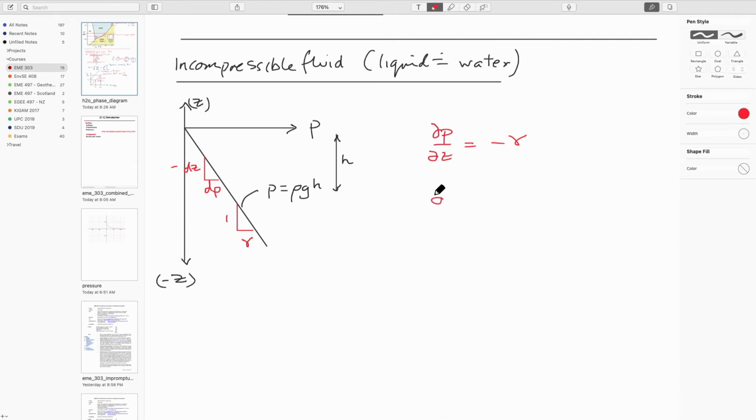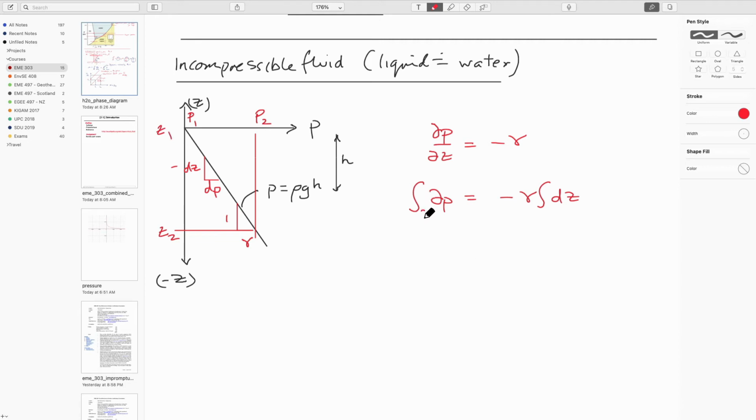We could split that up as dP equals minus unit weight times dz. We could integrate each of these between P1 and P2, Z1 and Z2, that's all we're doing.